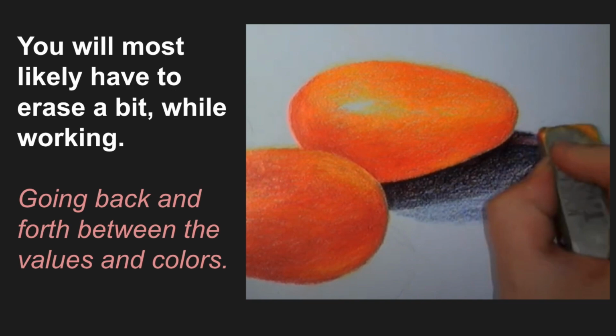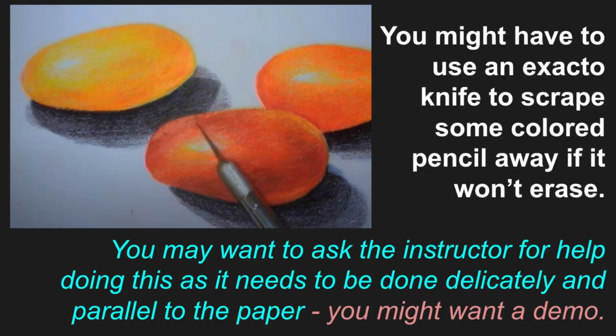One thing you do have to be careful with the colored pencils is once you add the colored pencil, it's sometimes very hard to get the colored pencil to come back off. Sometimes we actually use an X-Acto knife to scrape parts of the color away for that reason. However, you might want the teacher to demonstrate how to do that.